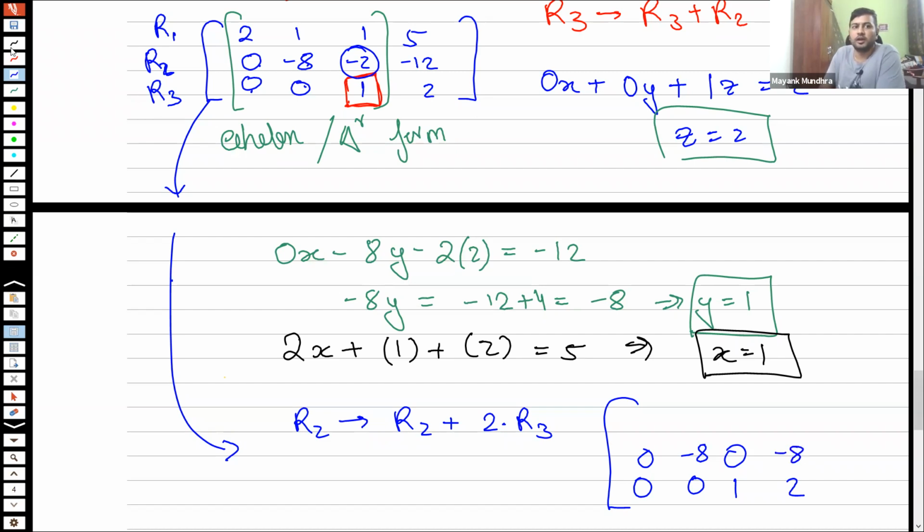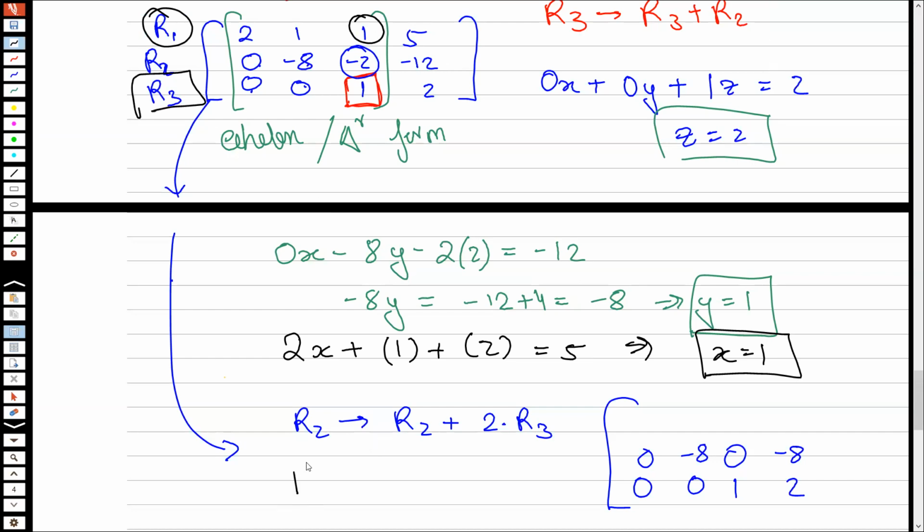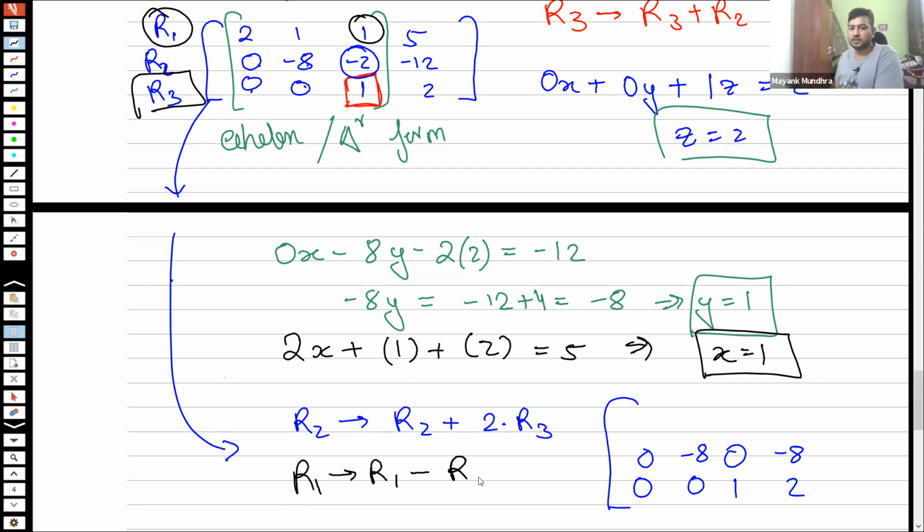Right? And what should be the operation on row 1 with respect to row 3 to make this thing 0? So R1 is equal to R3 minus R1. No, R1 minus R3. Okay, so the operation is done on R1, where you add or subtract something.